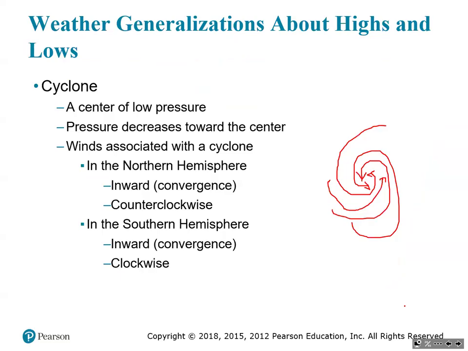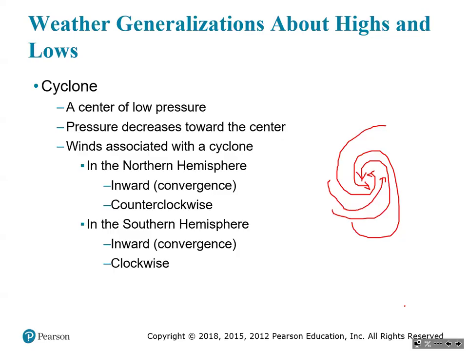So a cyclone is a center of low pressure. The pressure decreases towards the center, and the winds associated with the cyclone spiral inwards. This is for the northern hemisphere. I would admit a northern hemisphere bias. I live there. So do most people on the planet.